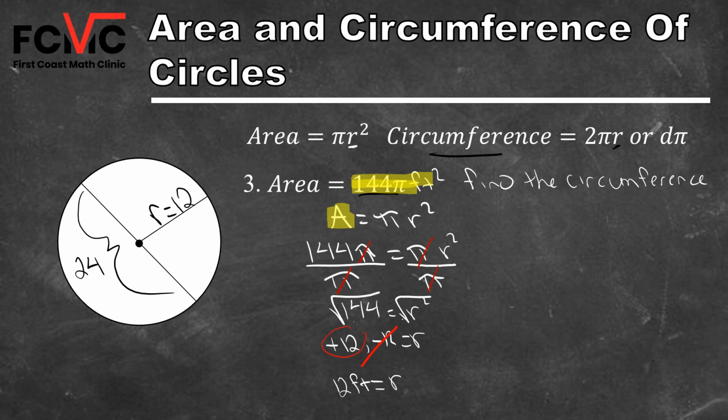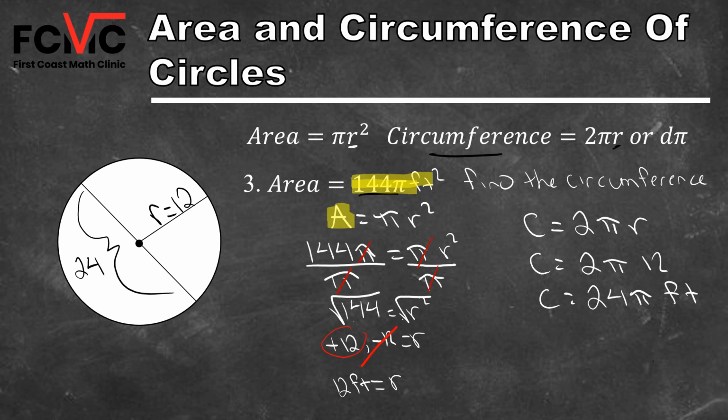So let's use that to find our circumference. So circumference is 2 times pi times the radius. So circumference is 2 times pi times 12, or 24 pi feet. Again, we don't have to square it because circumference is a linear measure, so that's our exact.